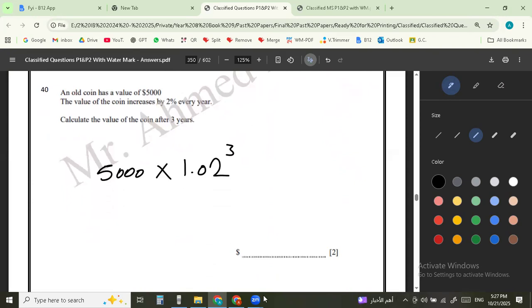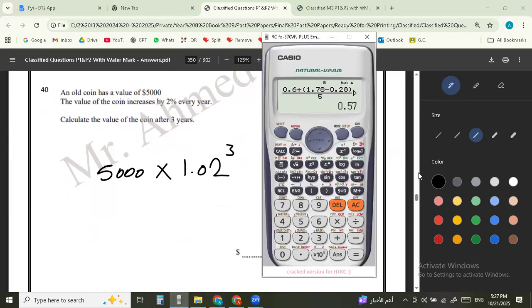Let's do 5,000 times 1.02 cubed. The value of the coin is going to be 5,306.04.